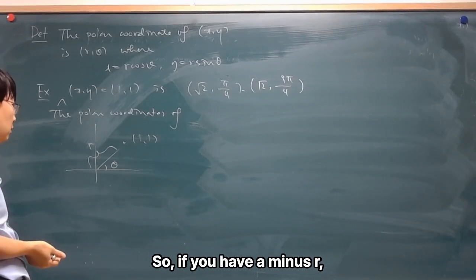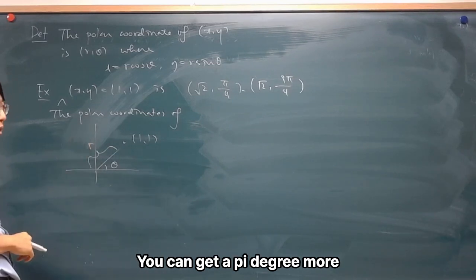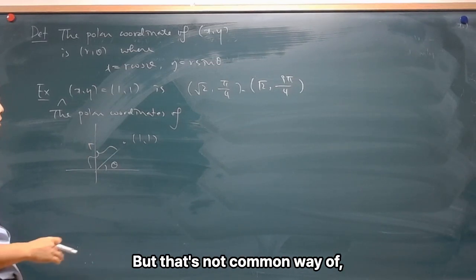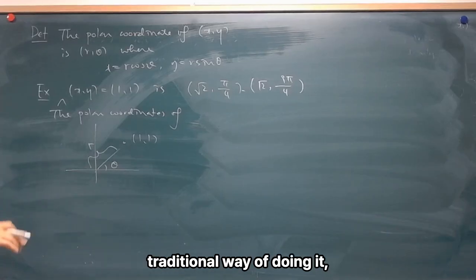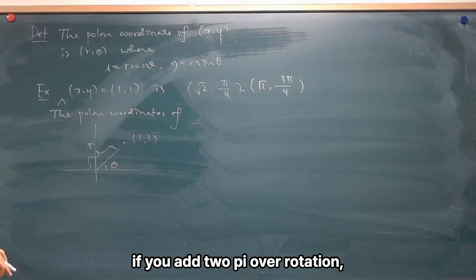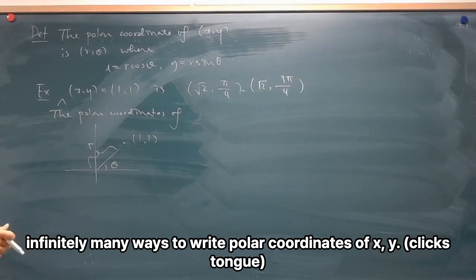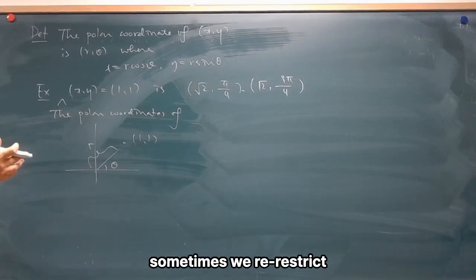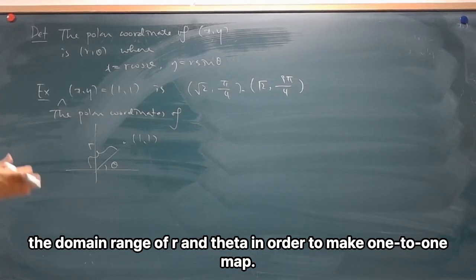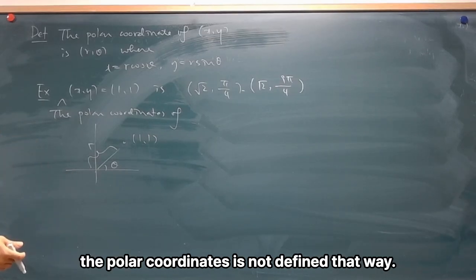If you have a minus r, you're actually on the opposite side, and you can add pi to get the same thing, but that's not the traditional way of doing it, so I'm not going to write it. Anyway, if you add 2 pi rotations, you get infinitely many ways to write the polar coordinates of (x, y). Sometimes we restrict the domain range of r and theta in order to make a one-to-one map, but in principle, the polar coordinates is not defined that way.